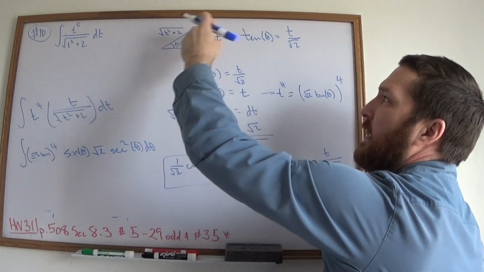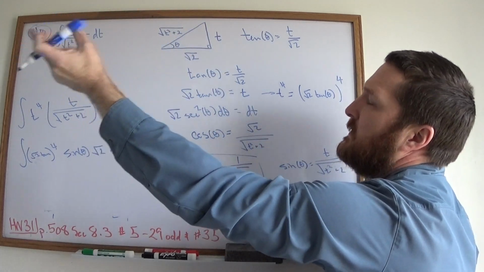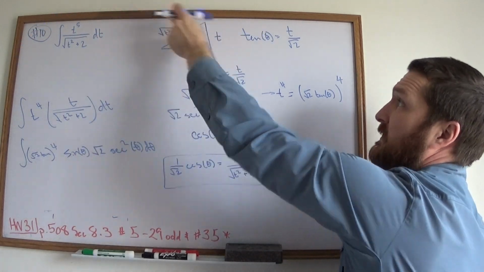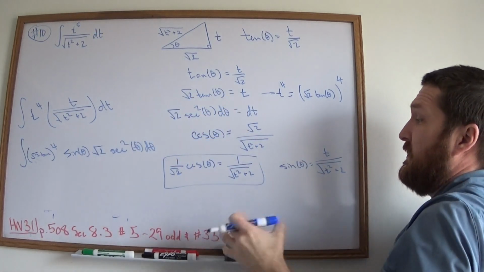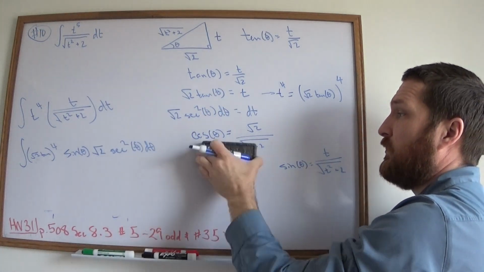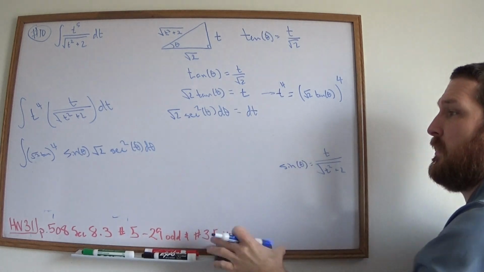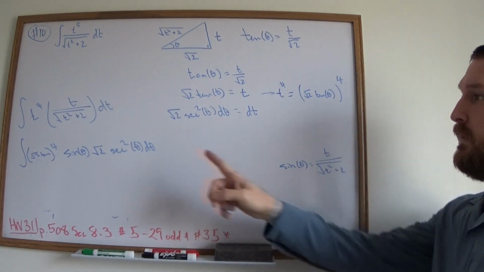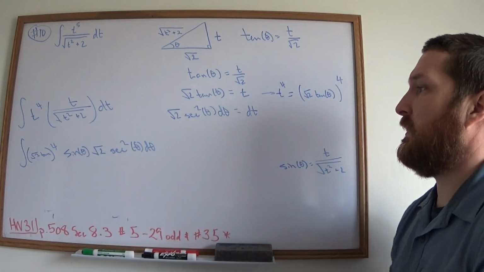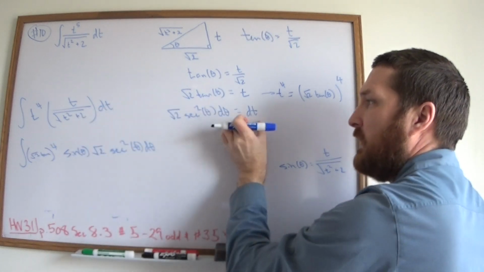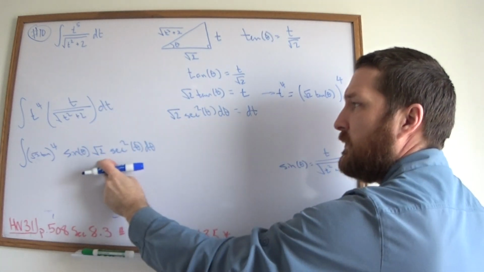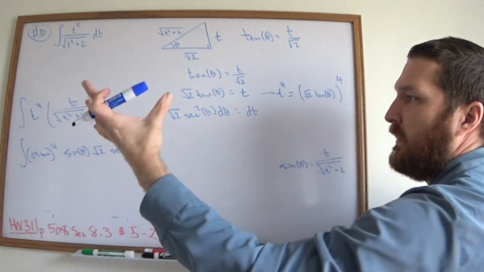T over that, I just chose that because it's nice. I can see sine gives me that, and so it's just sine. That's easy. I like that. There's no weird root 2's floating around there, so I do that. It gives me that. There's my sine theta. The dt is all of that stuff. Root 2 secant squared d theta.